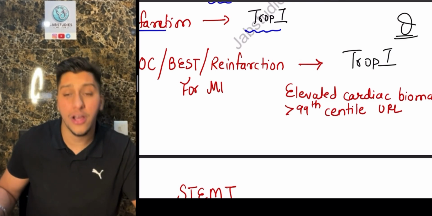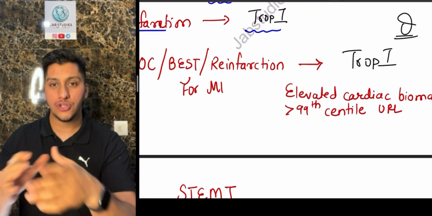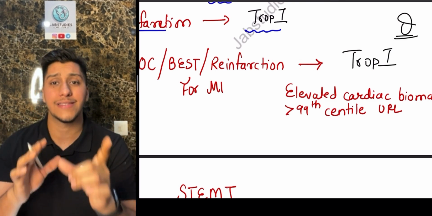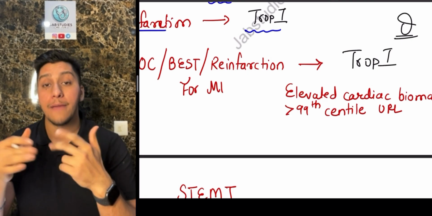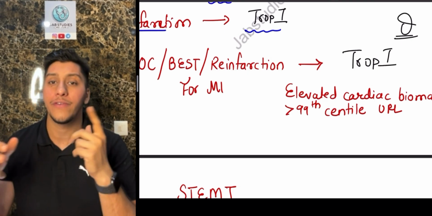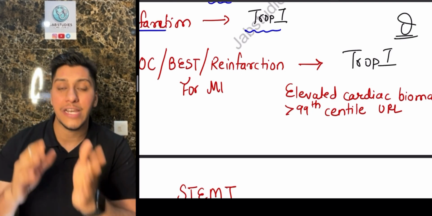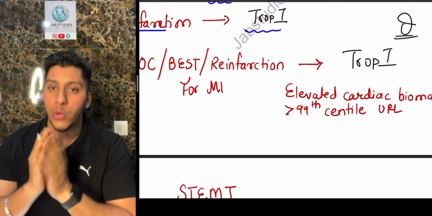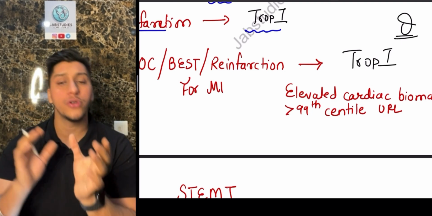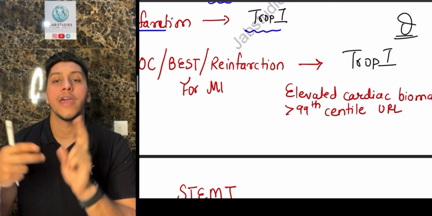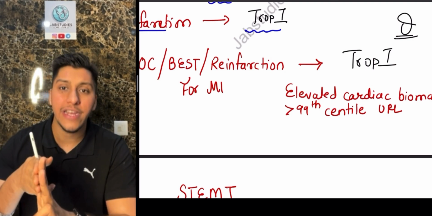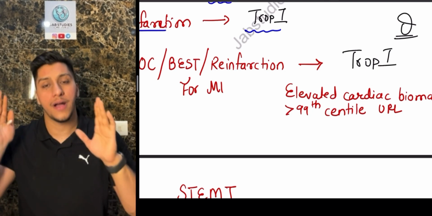So you understand how important TROP-I is. If we summarize TROP-I: normal values are less than 0.04 nanogram. In MI it doubles, above the 99th percentile of its upper limit. It begins to rise at 3 to 4 hours. The peak is at 24 hours. It lasts for 7 to 10 days. It is the best investigation of choice, and for reinfarction the best is going to be TROP-I.